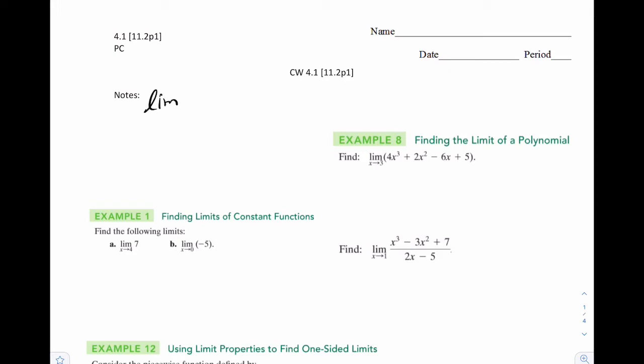So the first thing to note is this expression or this equation. Write this down and you should be able to tell me what each of these things is going to mean.